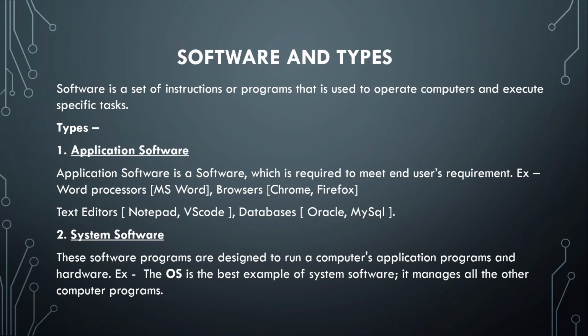Now let's see what system software is. These are the software programs that are specifically designed to run a computer's application programs and hardware. It is a kind of software that acts as an interface between hardware components and the user. Every computer must have at least one operating system to run programs.